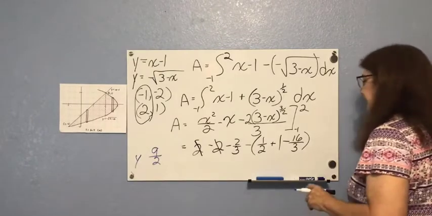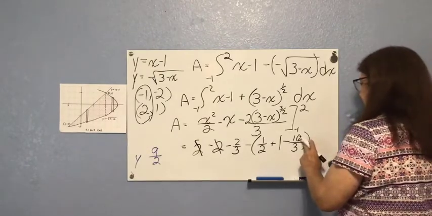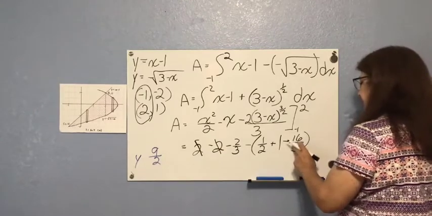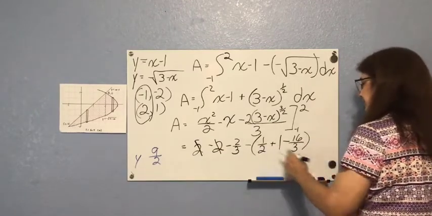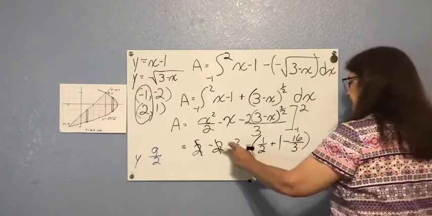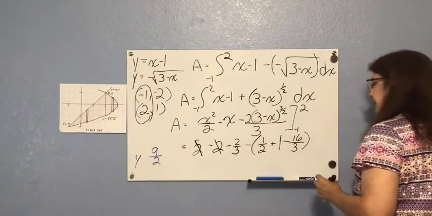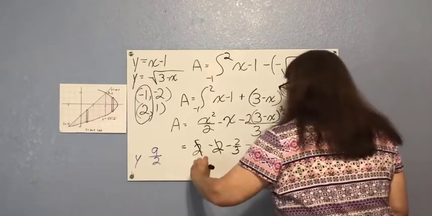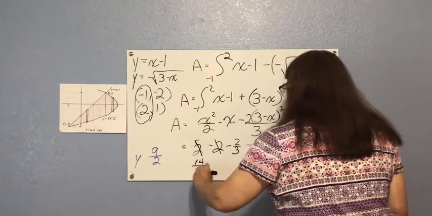Okay, let's simplify this. I have positive 16 over 3, since there's a negative here and a negative here, minus 2 over 3, so that's going to be 14 over 3.